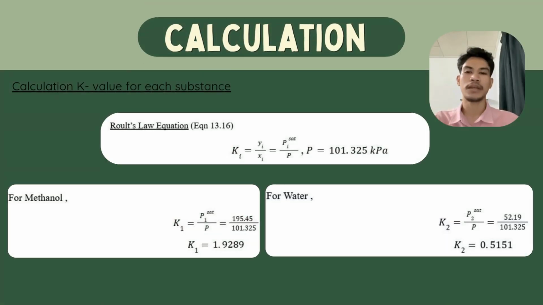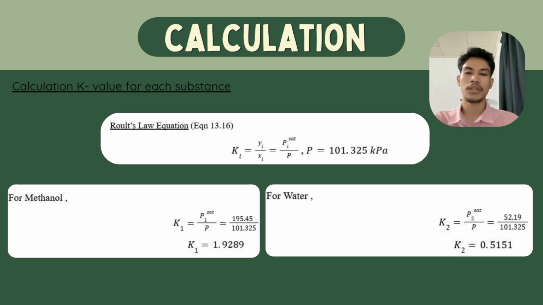For the second step, after we get the vapor pressures, we need to calculate the K value for each substance. So we use the Raoult's law equation, from equation 13.16, which is K equal to Yi divided by Xi equal to Pi saturated divided by P, and our P is 101.325 kilopascal.